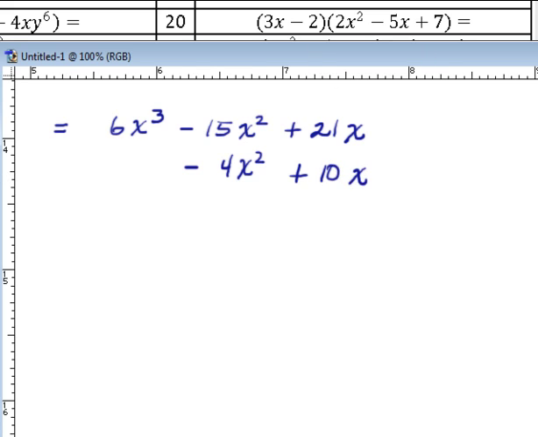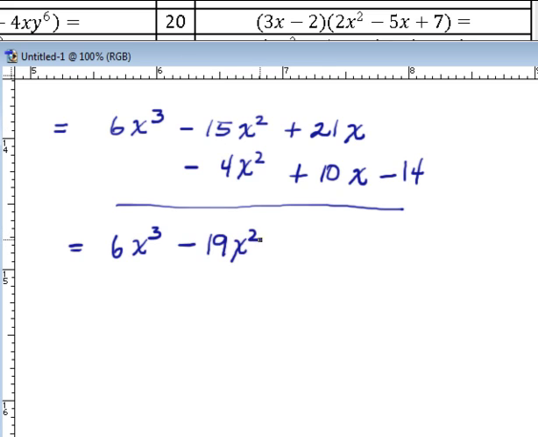And minus 2 times 7, that's minus 14. And then we'll add the like terms. So here we have minus 19x squared. And here we have plus 31x minus 14.